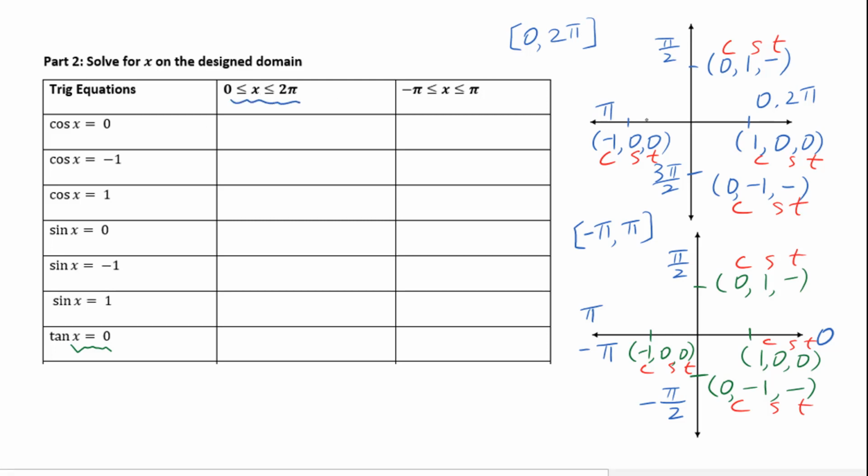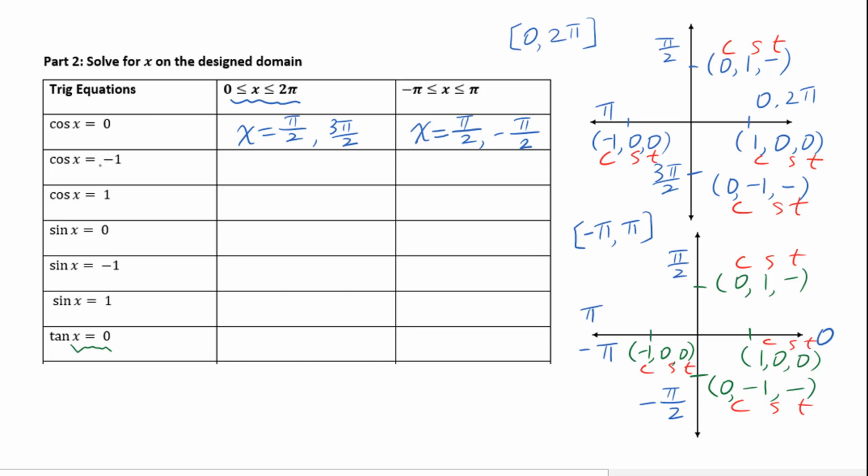Now for cosine x equals 0, look at the first diagram. You will see pi over 2 and 3 pi over 2. So I write down x equals pi over 2 and 3 pi over 2. When the domain is between negative pi and pi, you could say x will be pi over 2 and negative pi over 2.